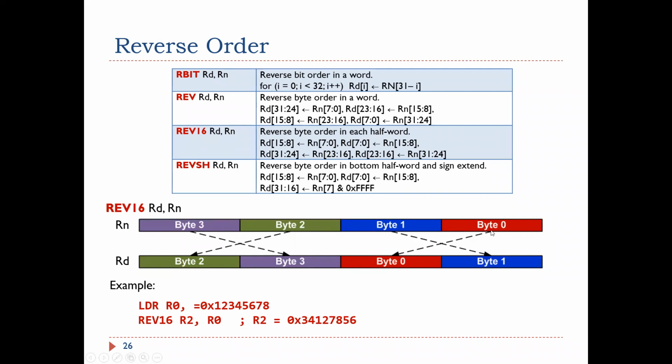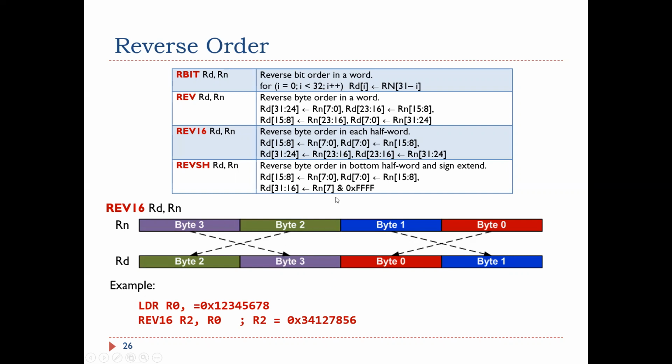It means that byte 0 will come to the location of byte 1, byte 1 will come to the location of byte 0, byte 2 will go to the byte 3 location, and byte 3 will come to the byte 2 location.